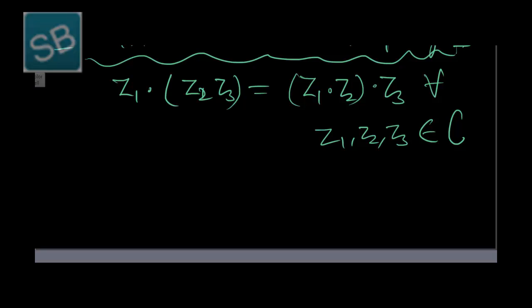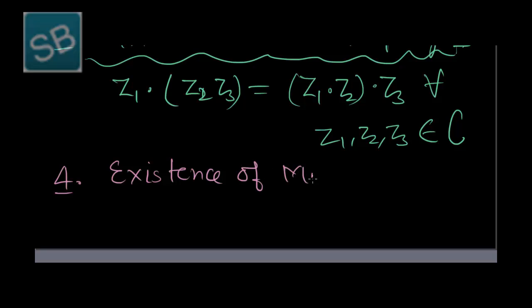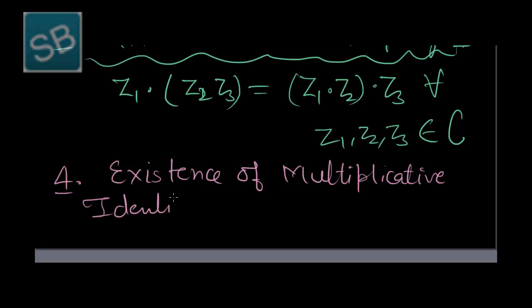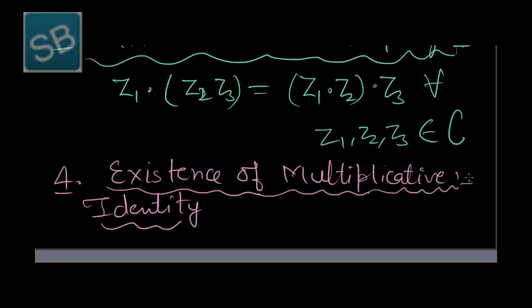So the next one is the fourth property, that is the existence of multiplicative identity. As discussed earlier, the identity is that which, in the addition property on addition, gives the same complex number. So in the same manner in multiplication, it should be multiplied with the complex number to give the original complex number.